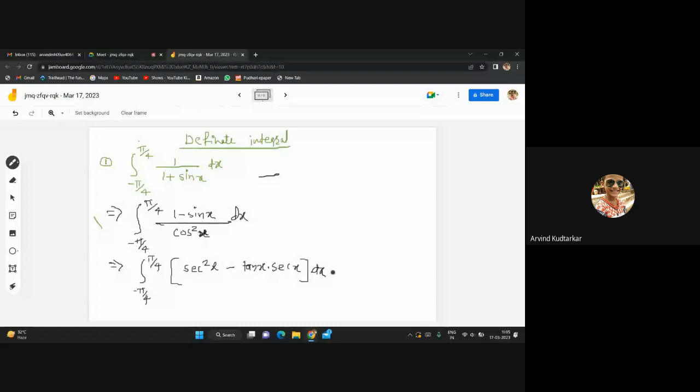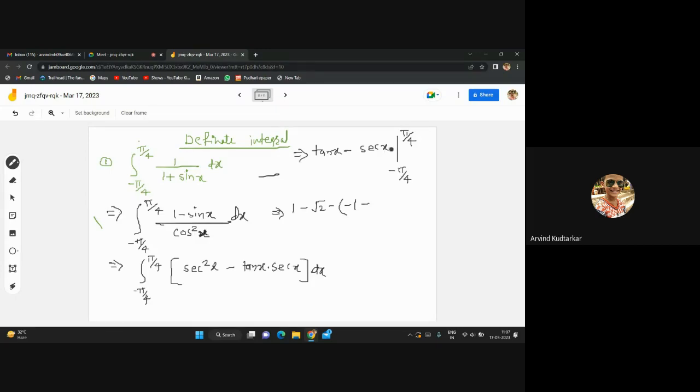That is equals. First, what to do? Substitute the upper limit, x is pi by 4, so tan of pi by 4 is 1, minus sec pi by 4. Sec means 1 by cos pi by 4. What is the value of cos pi by 4? 1 by root 2. So what is the value of sec pi by 4? Root 2. So root 2 is there, minus tan of minus pi by 4. Tan of minus theta is minus tan theta, so minus tan pi by 4 it is 1, and minus sec of minus pi by 4.